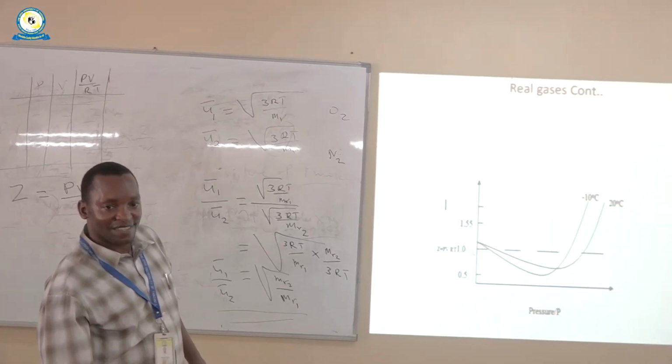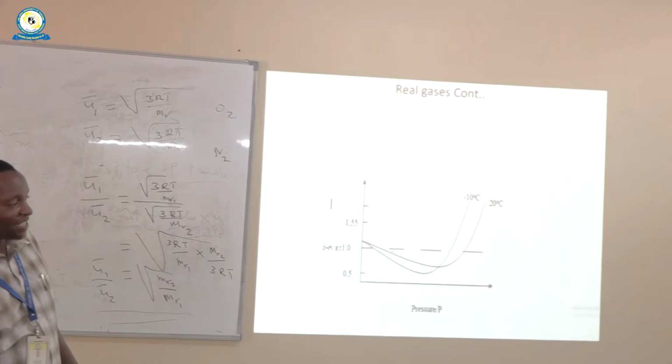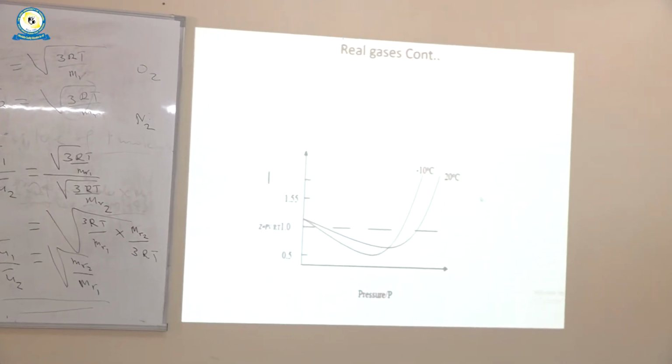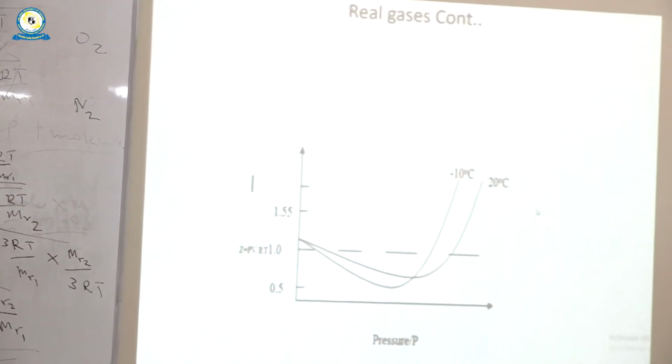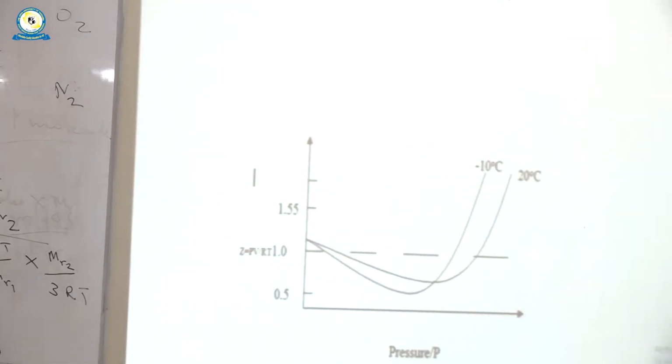It was expected that for ideal gases, it would be a straight line like that.